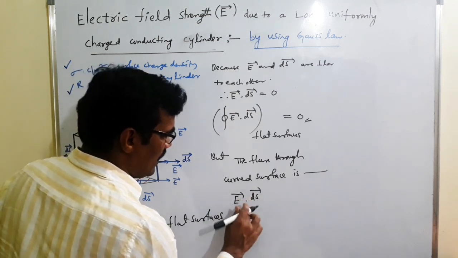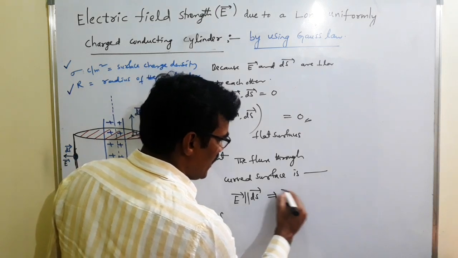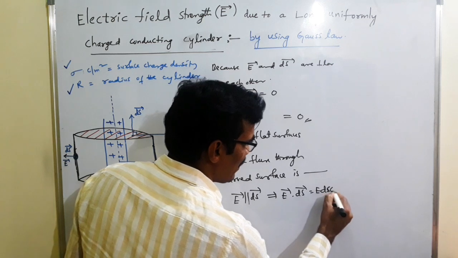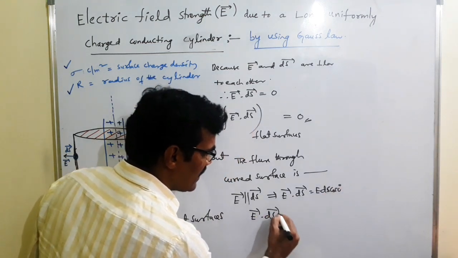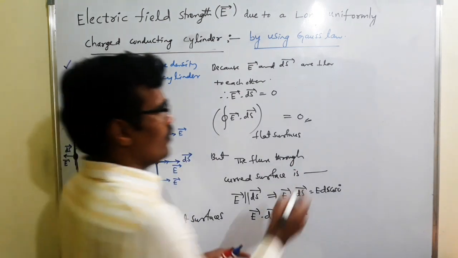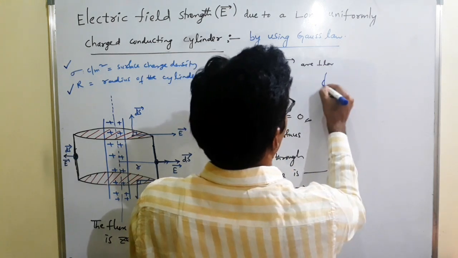Both E bar and ds bar are in the same direction. That's why here, E bar dot ds bar equals what? E ds cos 0. Therefore here E bar dot ds bar is E ds. Okay, no problem. Therefore the total flux through the curved surface.